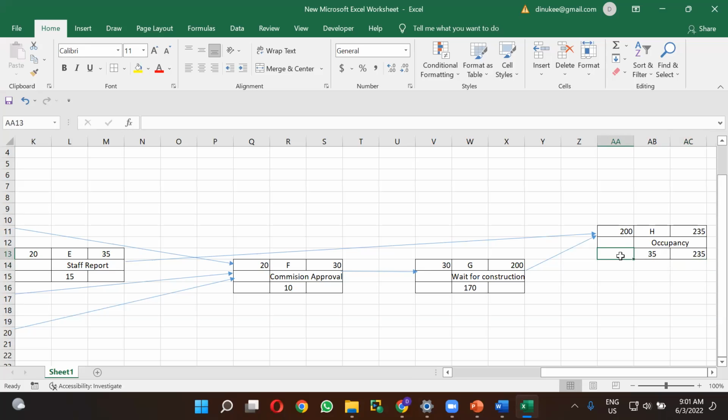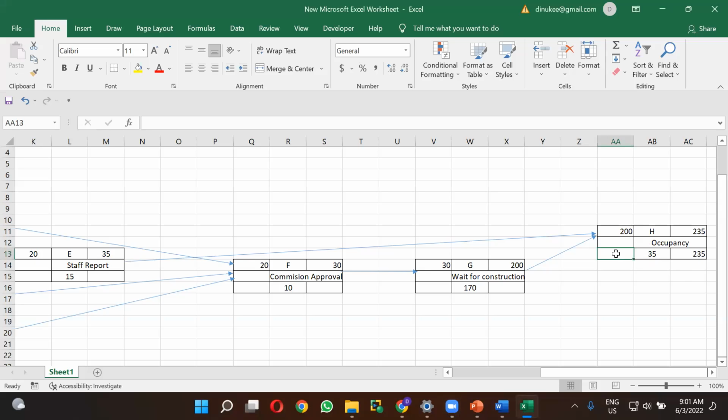It means now you can calculate the late start time. What is the late start time? Hmm. 200. From 235, you have to deduct the duration.